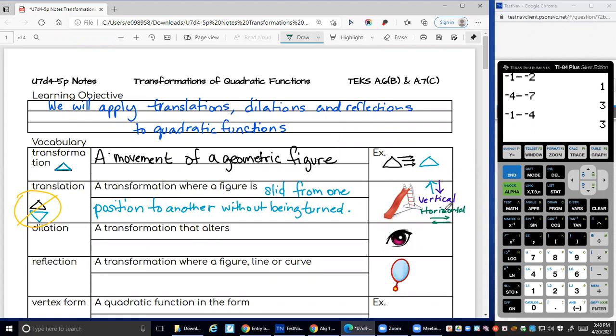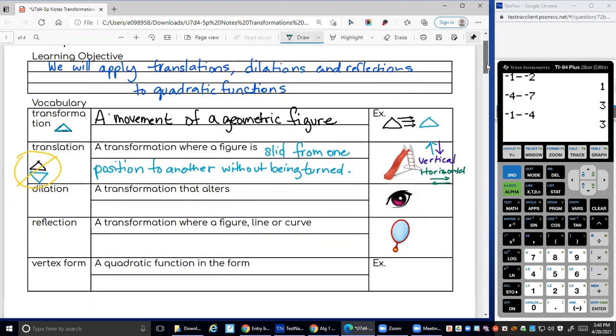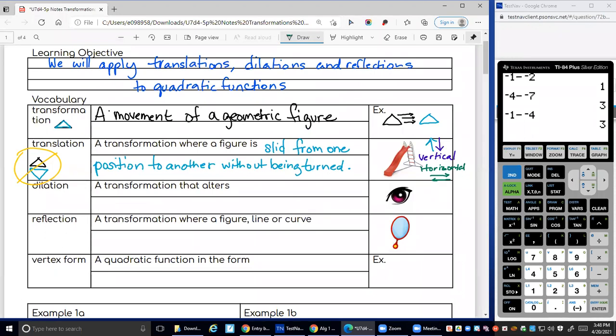Okay. Now, dilation. Has anybody ever heard of the word dilation before? When? In 8th period math. Okay, great. Like if you go to the eye doctor, and they dilate your eyes, what happens to your pupil? It gets big, right?